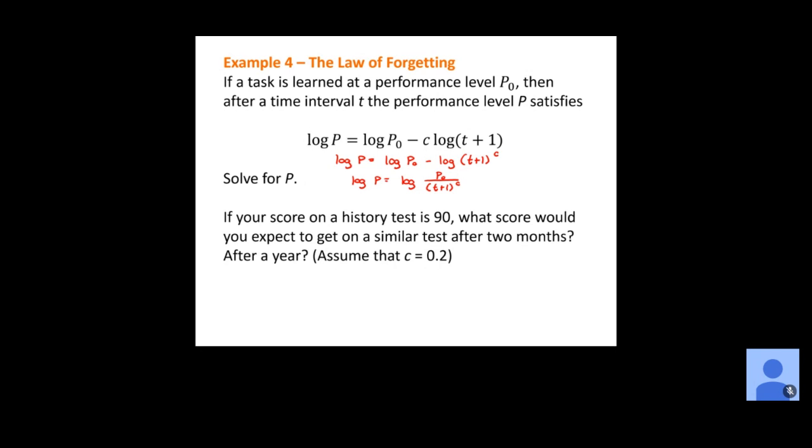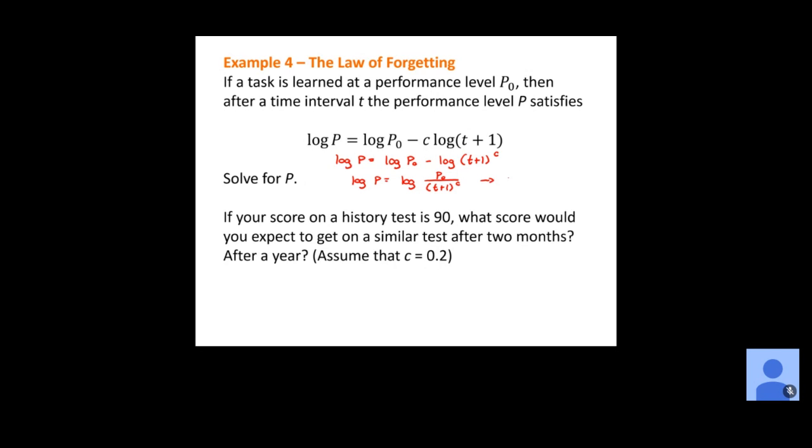At that point, because we have a log of P and a log of this other stuff, we can just drop the logs from each side. If we have a P inside one log and this P sub 0 over T plus 1 to the C power inside another log on the other side, and those two things are equal, then the stuff inside the logs must also be equal.